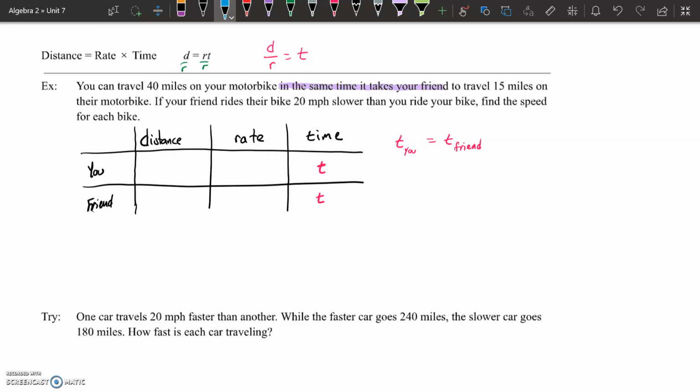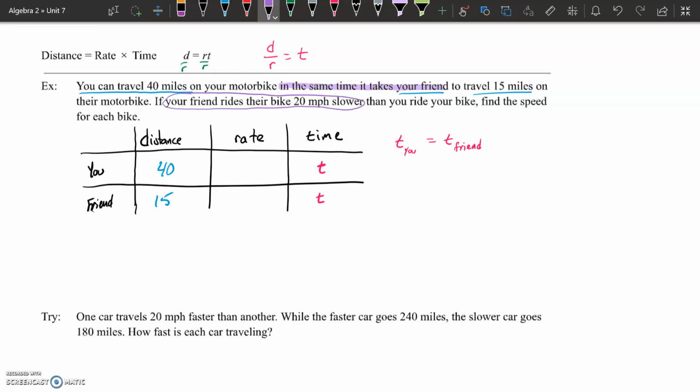Okay. Now we fill in the rest of our table with the information we know from our word problem. Okay, we know that you travel 40 miles. So your distance is 40 miles. We know that your friend is traveling 15 miles. Now we don't know your rate. We don't know your friend's rate, but we do know that your friend has a bike that is 20 miles per hour slower than yours.